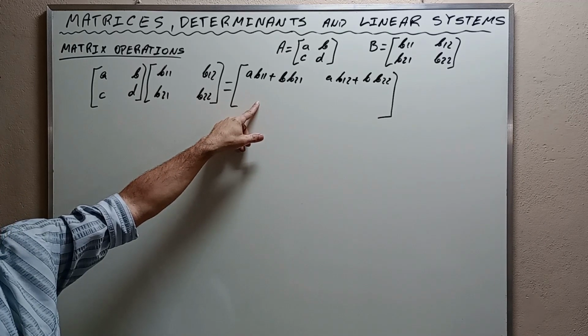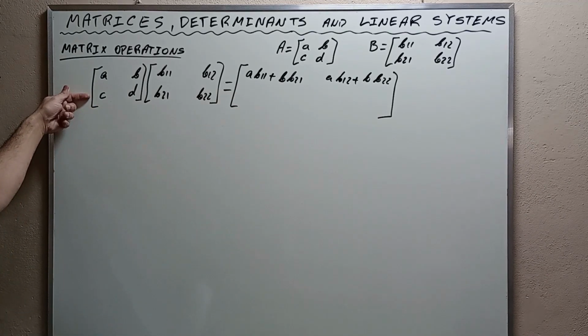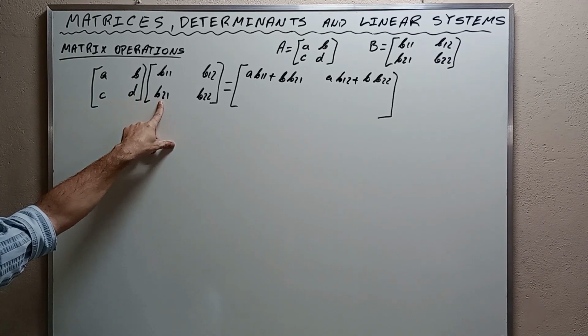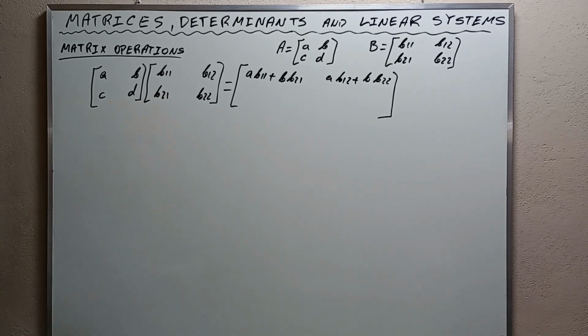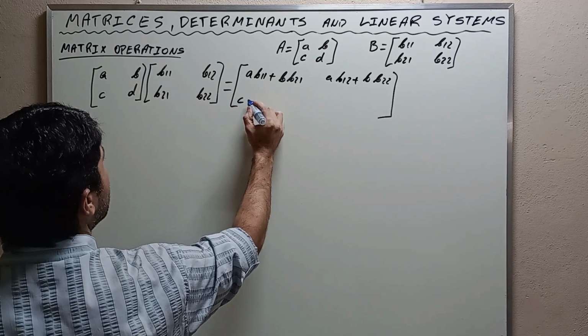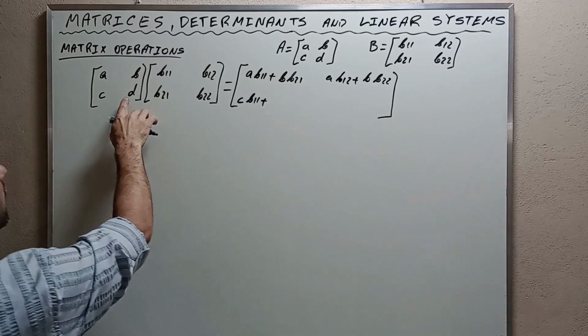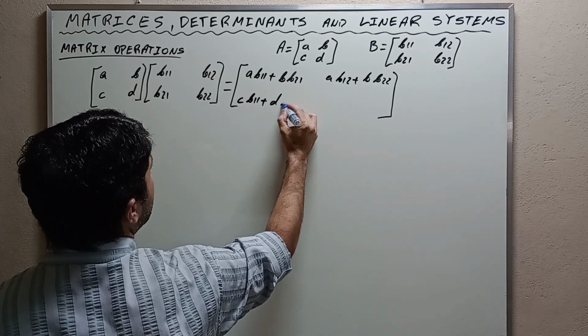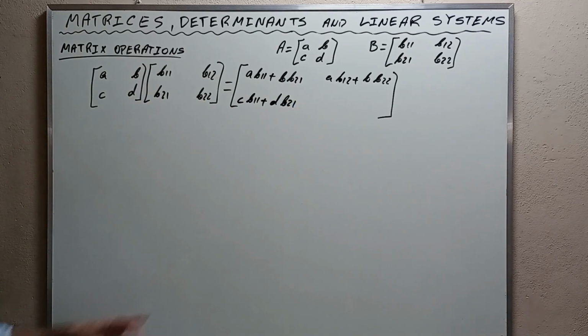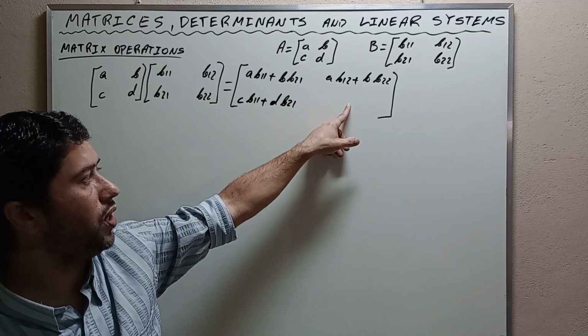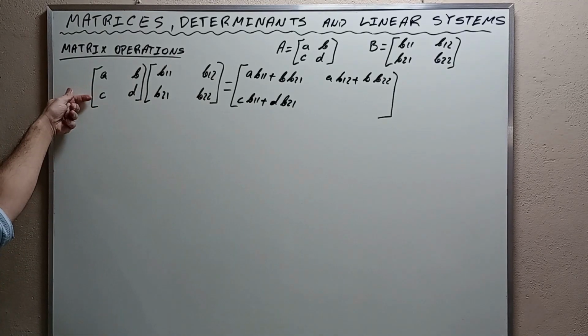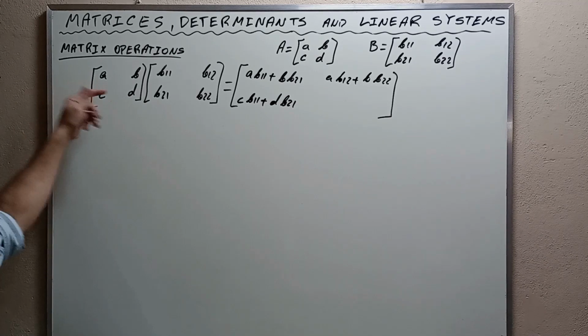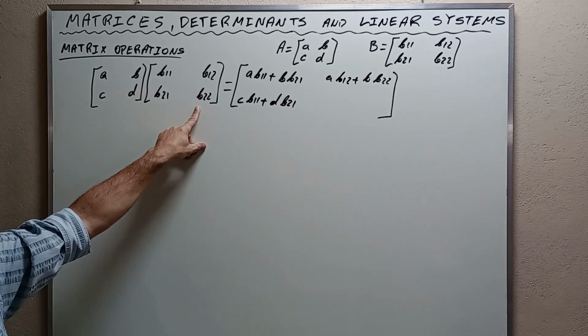This entry here will come from the multiplication of the second row of the first matrix and the first column of the second matrix. It is going to be C B11 plus D B21, and the last entry of this matrix is going to come from the multiplication of the second row of the first matrix and the second column of the second matrix.